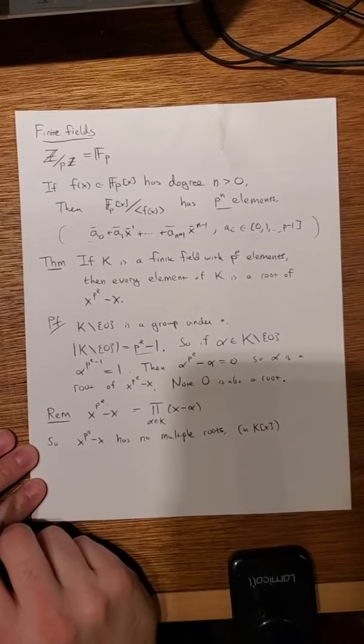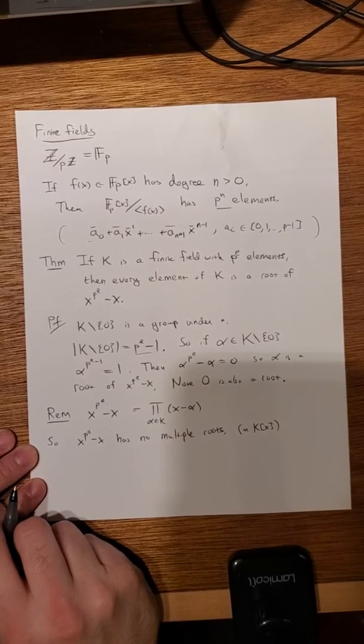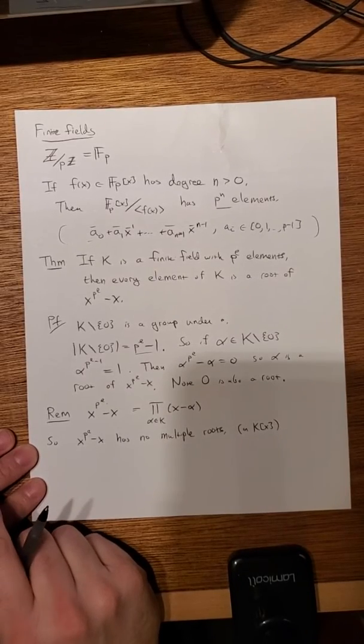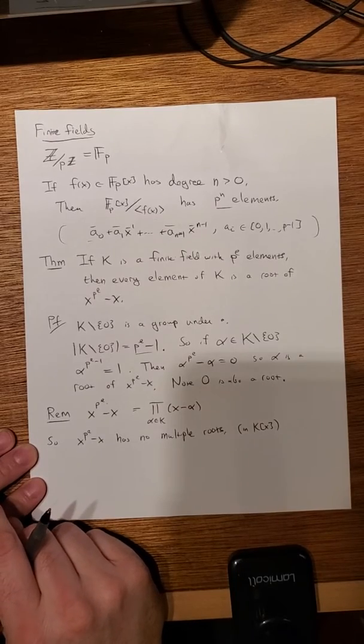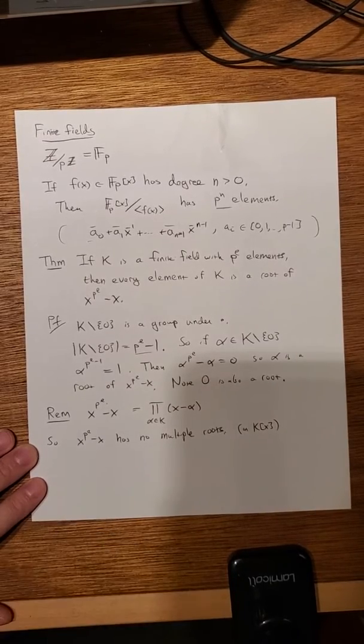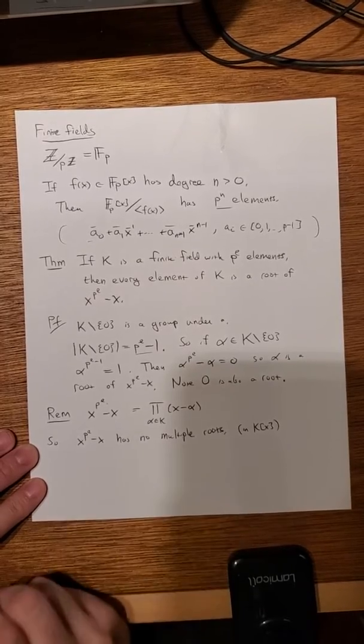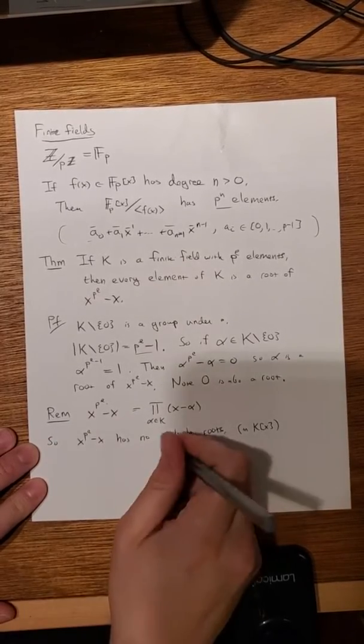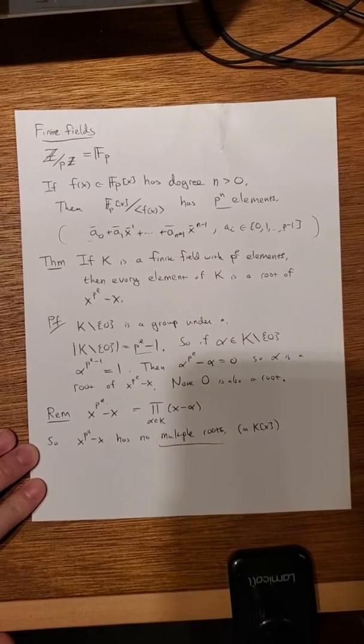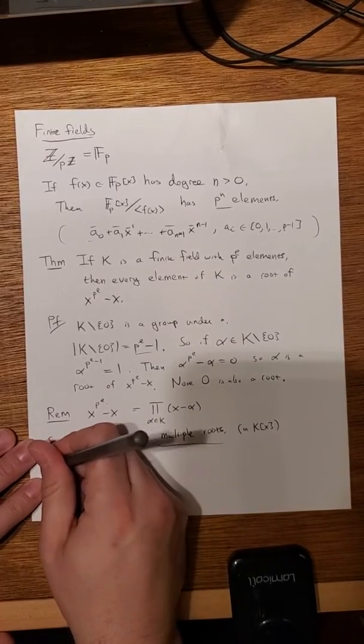Remember back in homework 2, we said that a polynomial had no multiple roots if and only if it and its derivative had no common factors. All right, so this is so important, the fact that it's no multiple roots. Let's prove it using that characterization too.